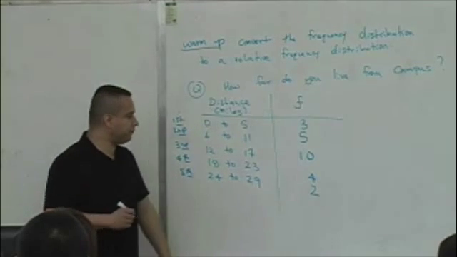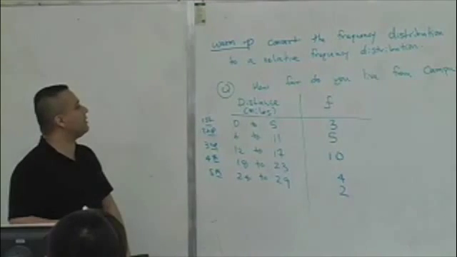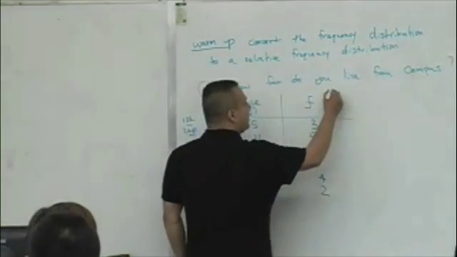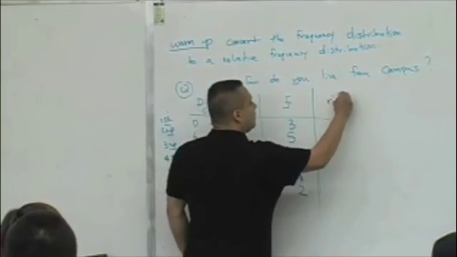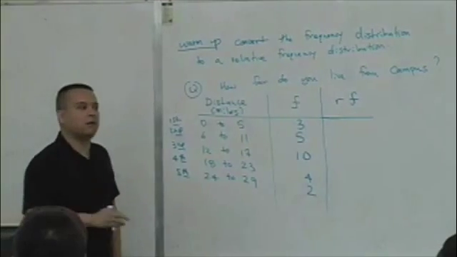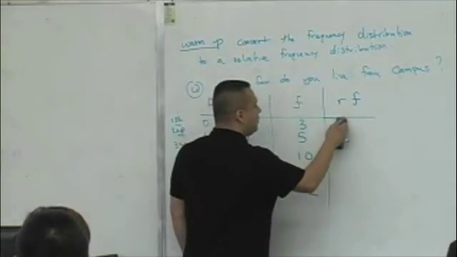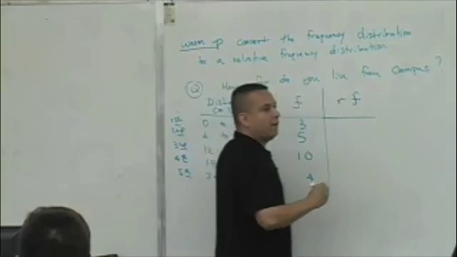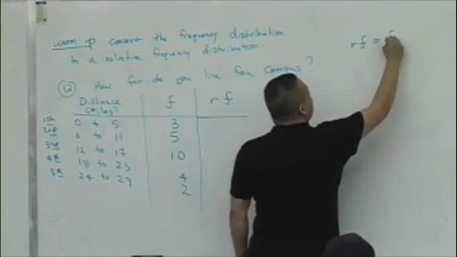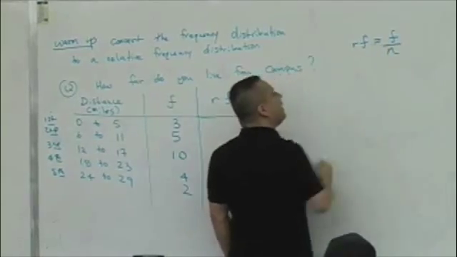Okay? So let's see. What are we going to do with this? This is what this table is. How do you compute a relative frequency? Anybody know? How do you compute that? What do you do? Relative frequency, let's recall from last week, is a frequency divided by n.